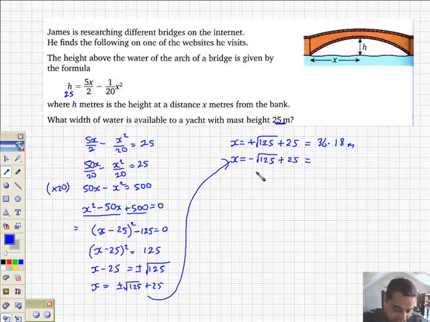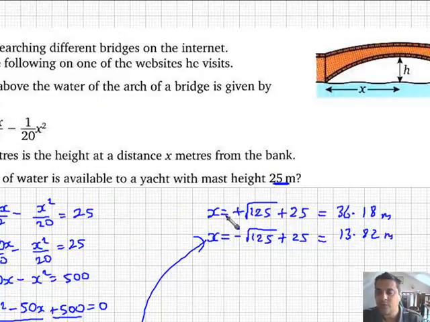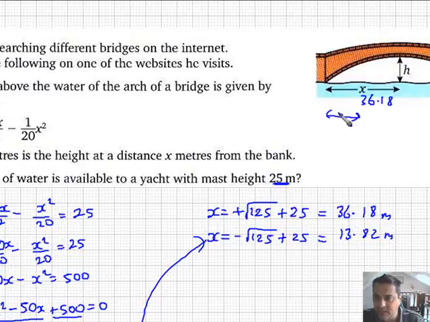Now add on the 25. Comes to 13.82 meters. So the maximum distance I can be away from the bank is going to be 36.18, and the minimum distance, my little x, is going to be 13.82. So therefore I can work happily from 13.82 meters away and up to 36.18.